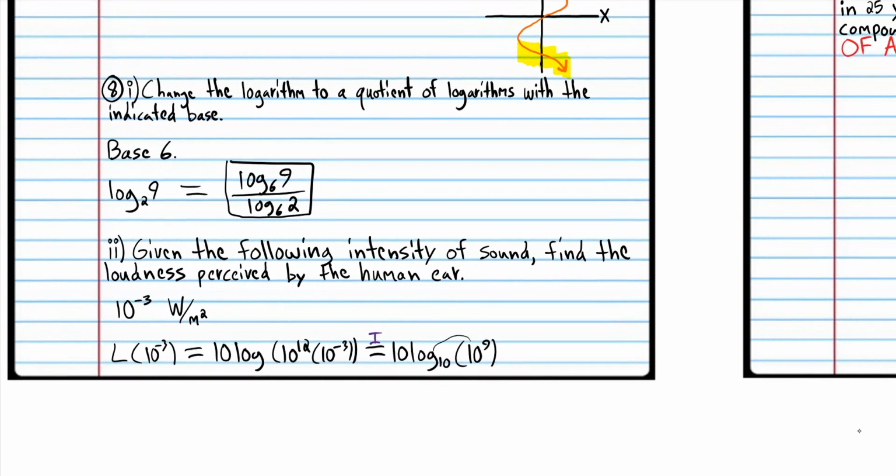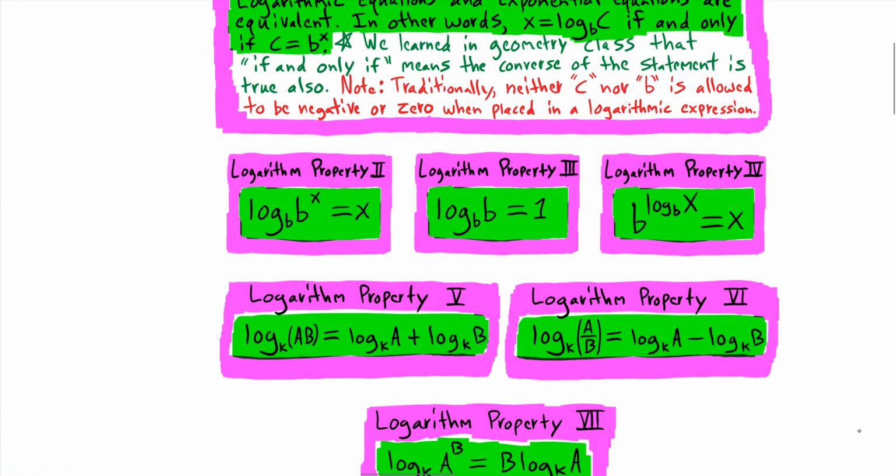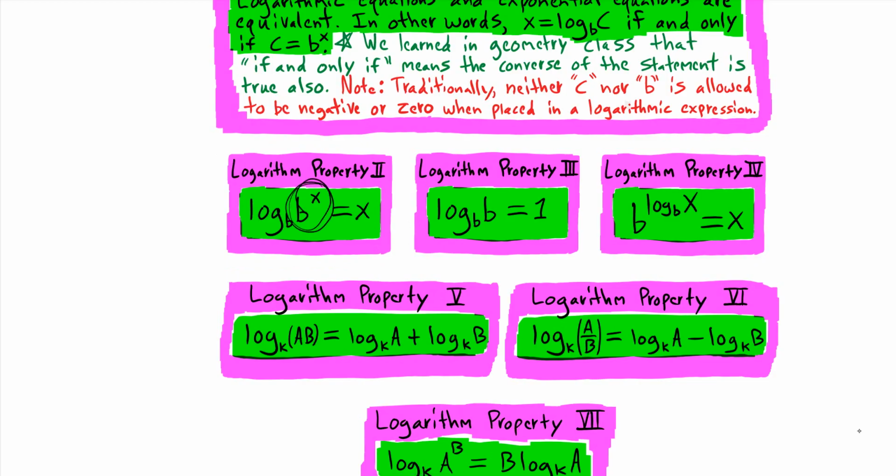You see how we have the same bases in this situation. So we need to go to this property here. We have a log of an exponential expression inside the log function, and the base of the log function is the same base as the exponential expression. So the expression just equals that exponent.